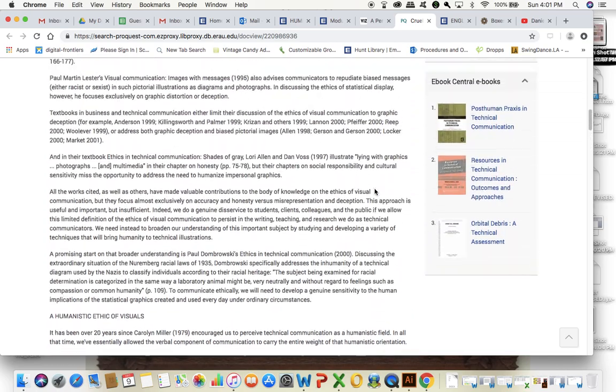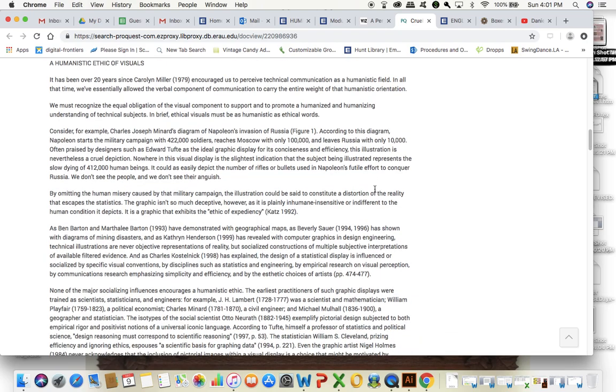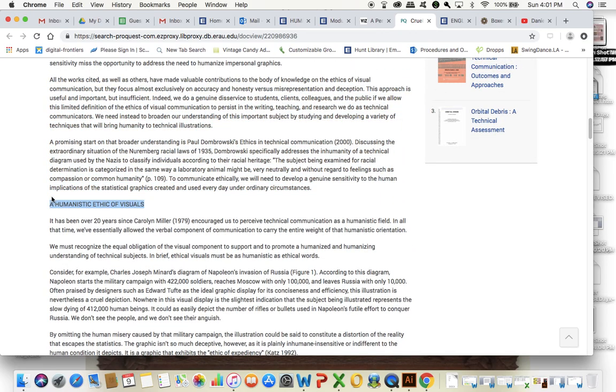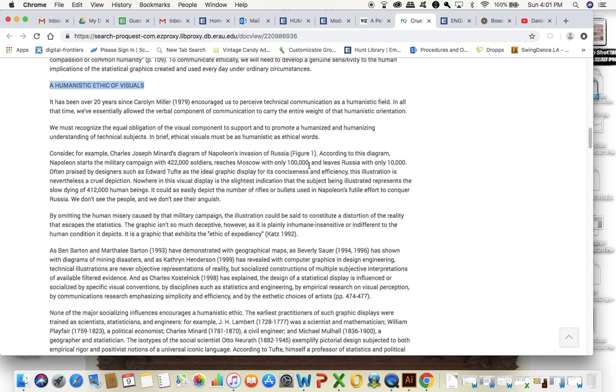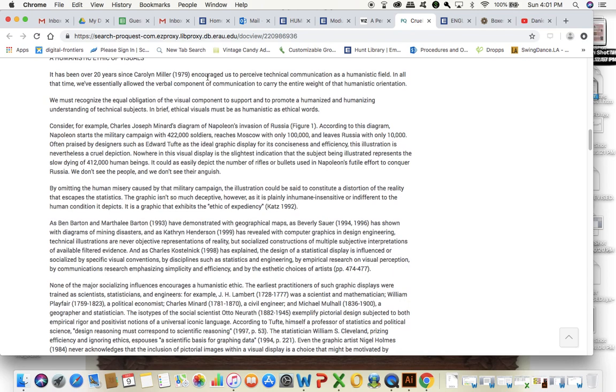I personally didn't think it was written very well, but it does make some notable points, particularly in this idea of the humanistic ethic of visuals, and this idea of viewing technical communication as a humanistic field, because tech comm is a really interesting discipline in itself.